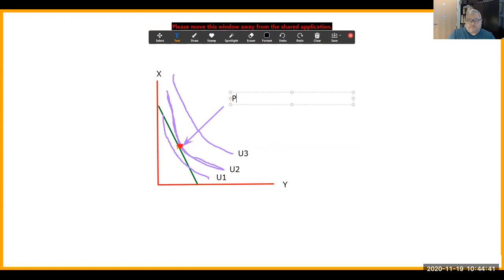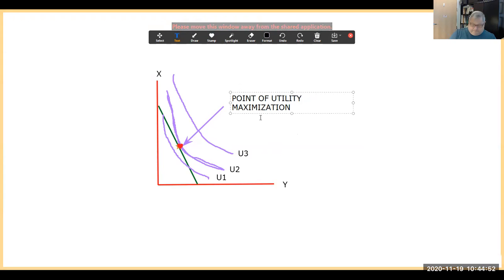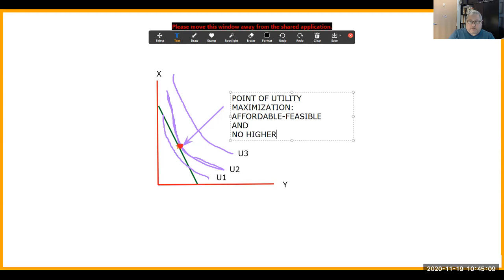Well, it's the point that is affordable, so it's on the green line, feasible in consumption, and also it is the point at which no higher level of utility is attainable due to the budget constraint being the shape it is.